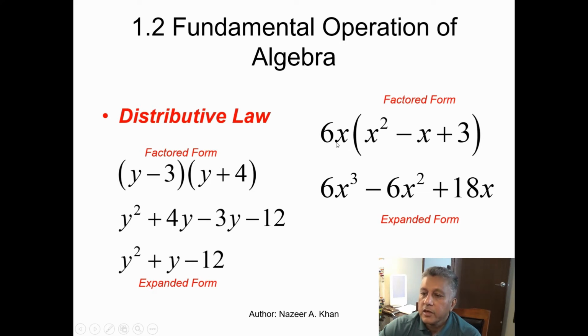And then 6 times 3 is 18x. Remember that with like terms, you have to have the same power. All of these powers are different, so we have it in its prime form. You put it in descending power: 3, 2, 1. You leave it in descending power. Okay?